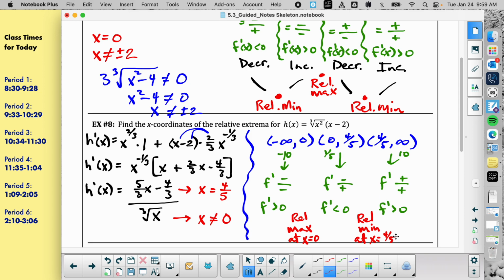Probably the hardest thing for you is most likely doing a test number from 0 to 4/5. There are different ways you can do it. I know you have your calculator with you too. They're intended for non-calculator, but it's kind of weird, so I get it.